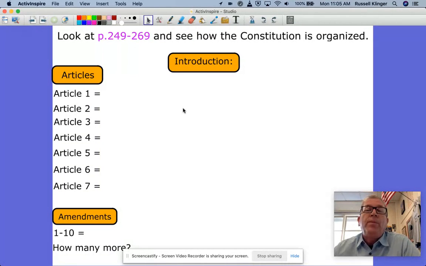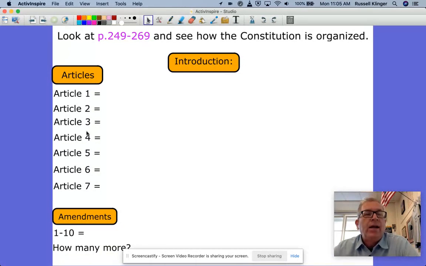If you were to open up your book, you can find the Constitution there on pages 249 to 269. And you'll notice that it has parts to it. We call the introduction the preamble to the Constitution. It sort of outlines what the foundation of the Constitution is based upon, what it expected to accomplish. And then it has 7 articles, or you can think of articles as almost like chapters, okay.